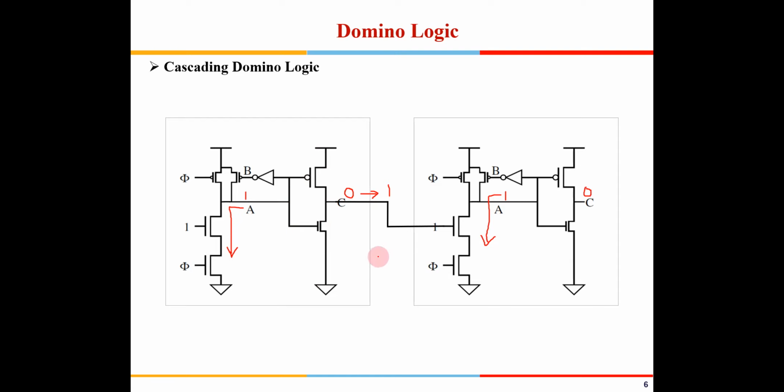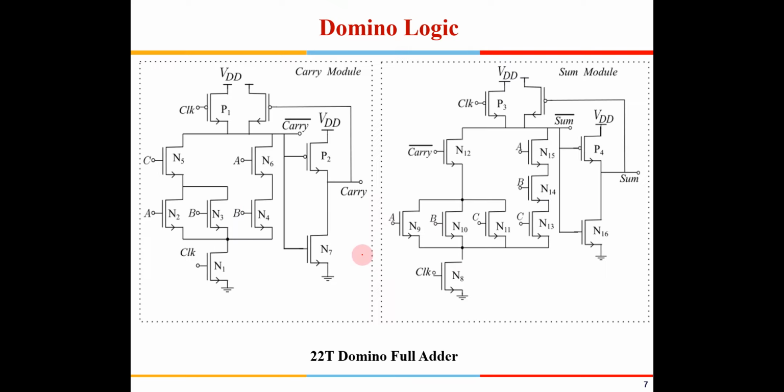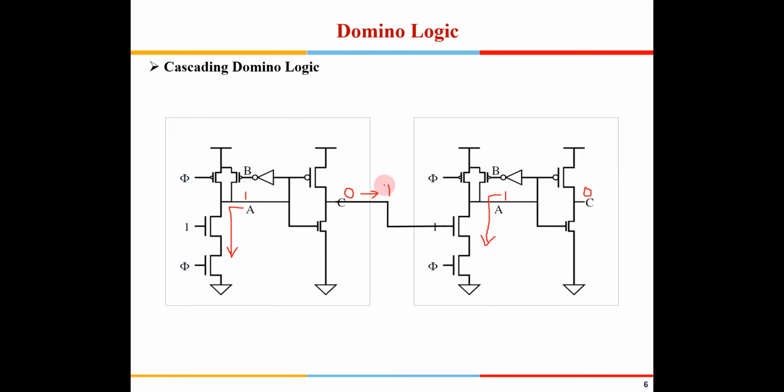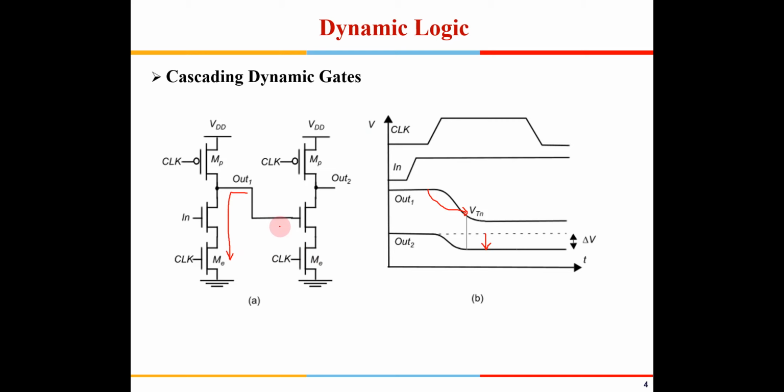Yeah, Vishnu, is it okay? So what is happening here? Let me repeat it. In the dynamic logic, you have 1 out here, and this is being discharged to 0.